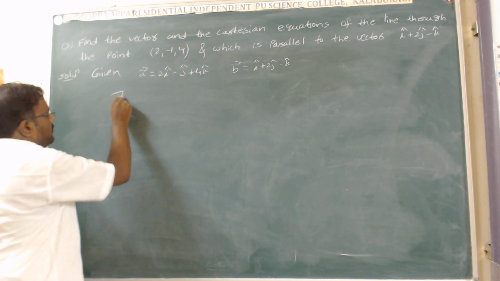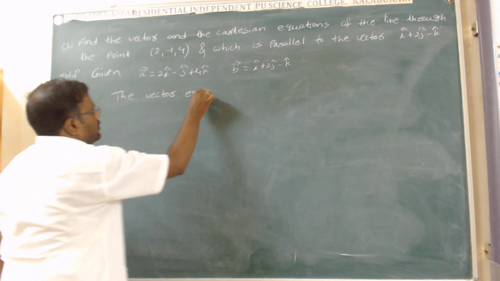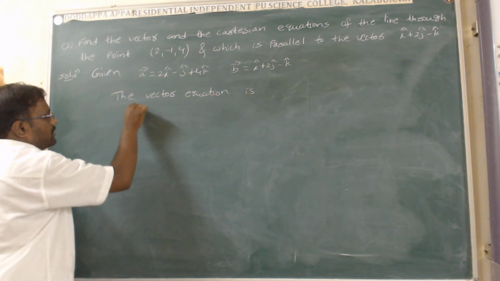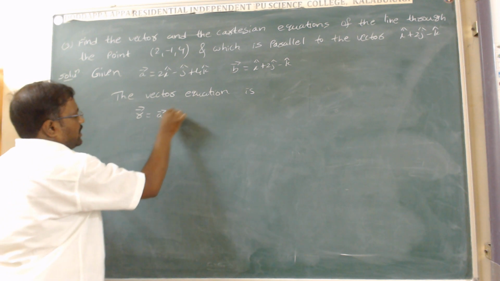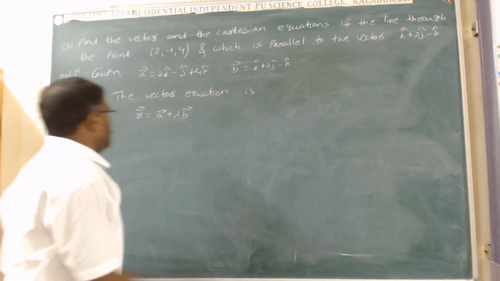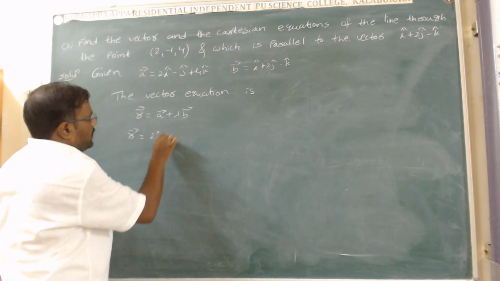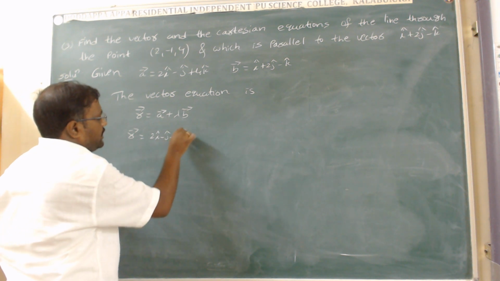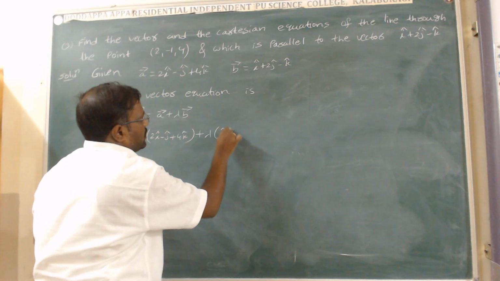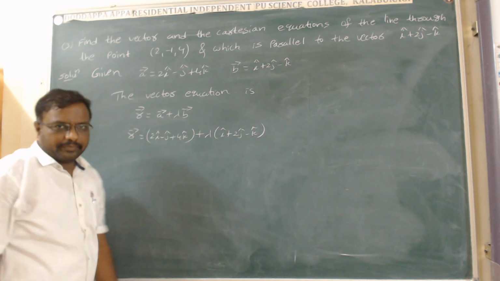So similarly we know that the vector equation is given by vector r is equal to vector a plus lambda of vector b, right? So here vector a value is 2i minus j plus 4k plus lambda of vector b value is i plus 2j minus k, right?